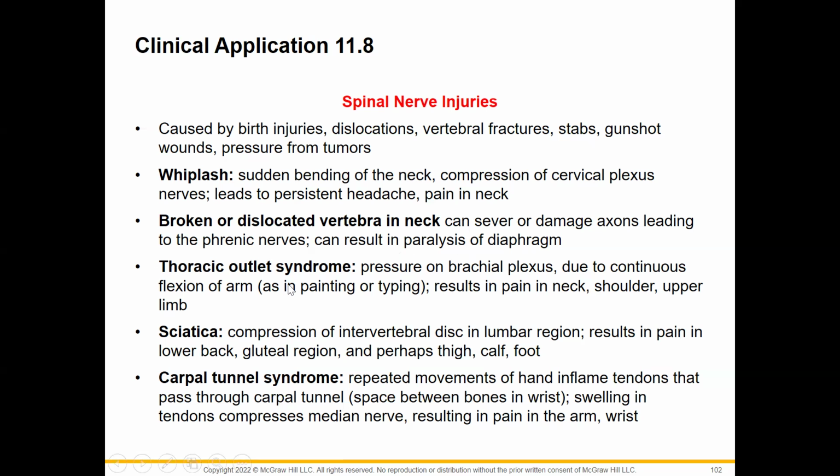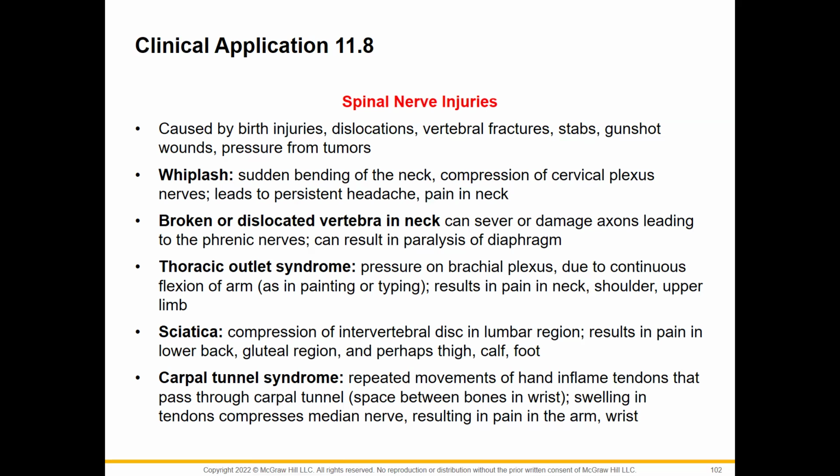There's thoracic outlet syndrome. This is pressure on the brachial plexus due to continuous flexion of the arm. So if a person continuously types, continuously paints, continuously hammers, those repetitive motions can lead to inflammation of the tissue.